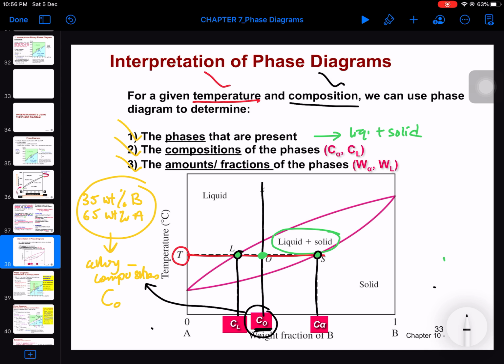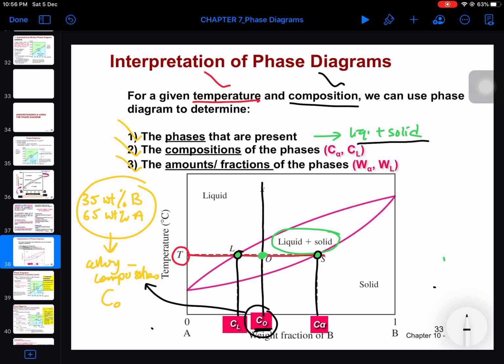How do we know which is which? From the first one we know the phases present are liquid and solid, but we don't know yet which point represents liquid and which represents solid.